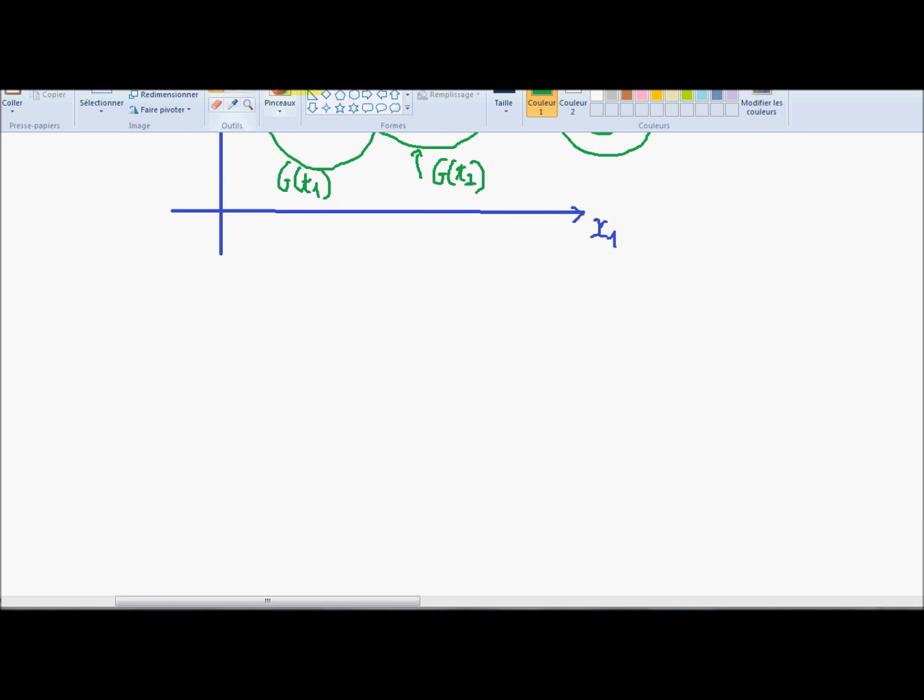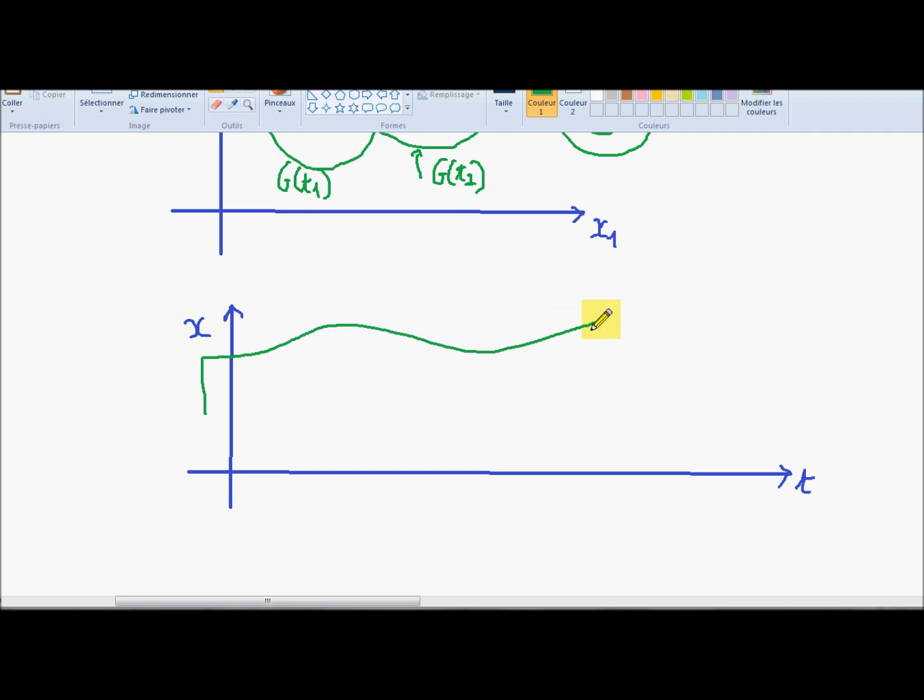Another possibility to represent this, maybe more comfortable for us, is the following. You have here the time t, and here you will have the state x. And here you will have a tube which can be represented like this, up to t max.